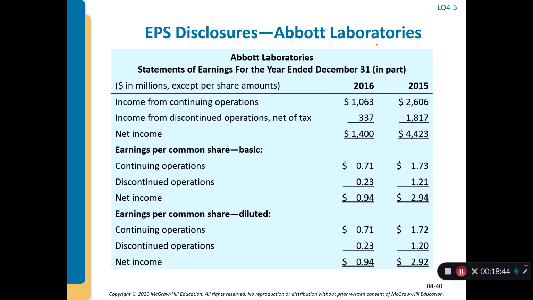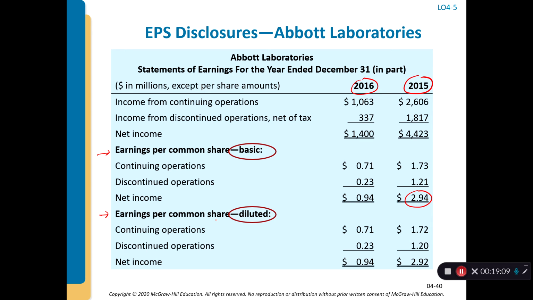Okay, so let's look at an example of Abbott, comparing 2015 and 2016, and look at their EPS. The basic EPS in 2015 was $1.73 from continuing operations. From discontinued operations, 1.21. So the net income based EPS is $2.94.